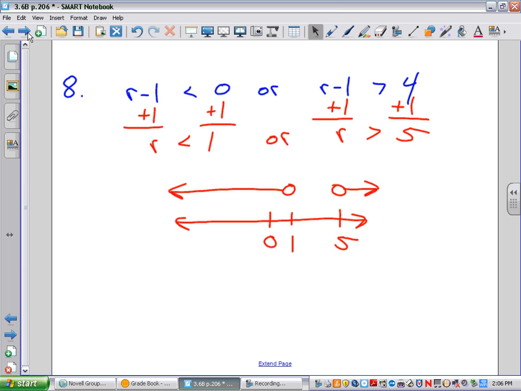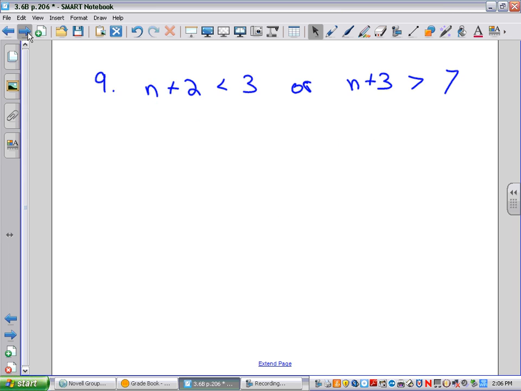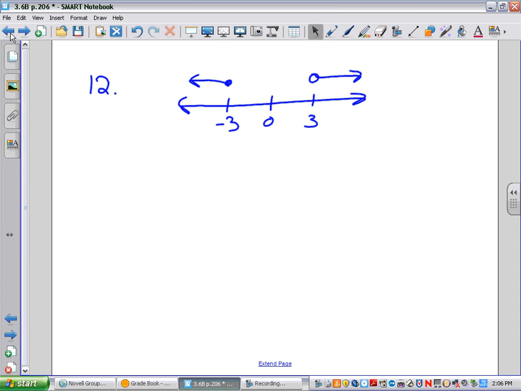Now, skip to number 12. Right there, number 12. This time, we're just reversing the process. They give you the graph. We have to write the inequality. Well, please note that the word or goes in the middle. Let's do the left side. I'm going to use the letter x.